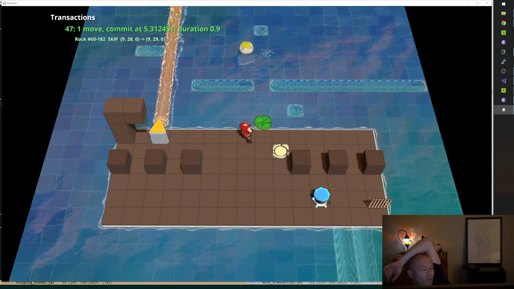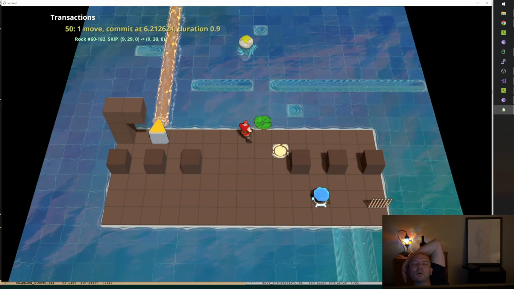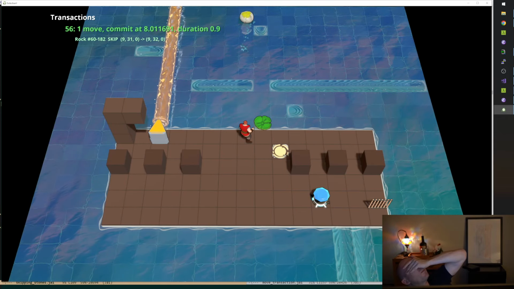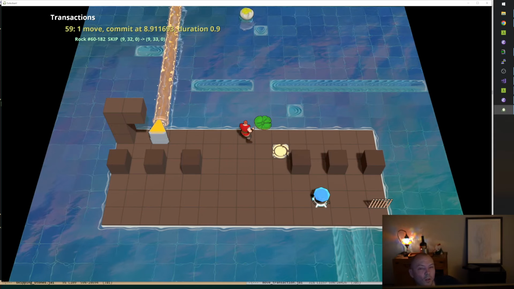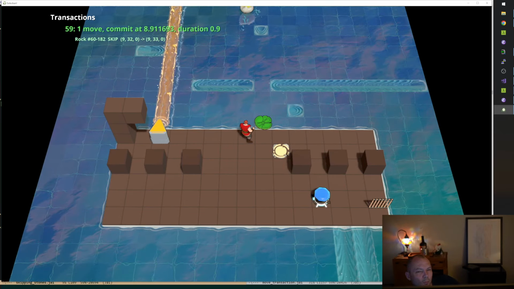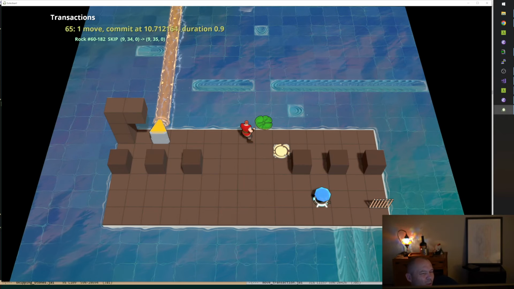Here's the question: does it have to be exactly when they enter the square, or can it just be sometime when they're in that square? I think the answer is it has to be exactly when they go into the square, because right now we are supposedly checking sometime when they're in the square, and that's what's causing the race condition.